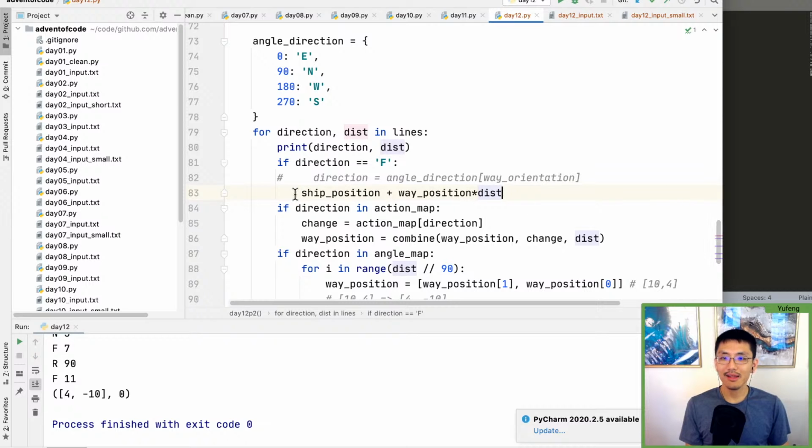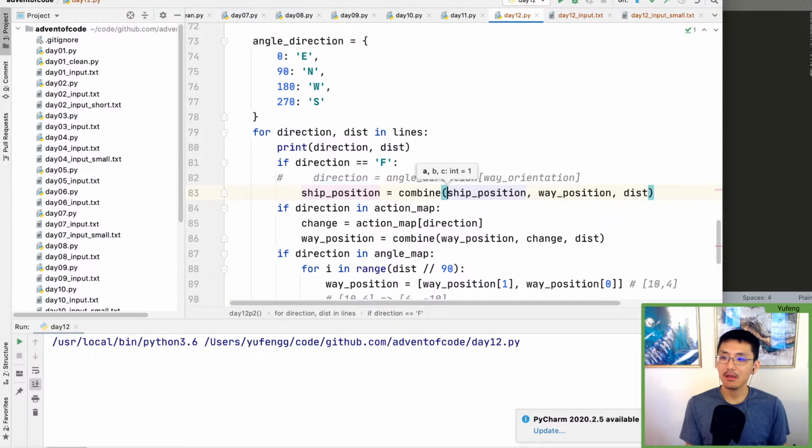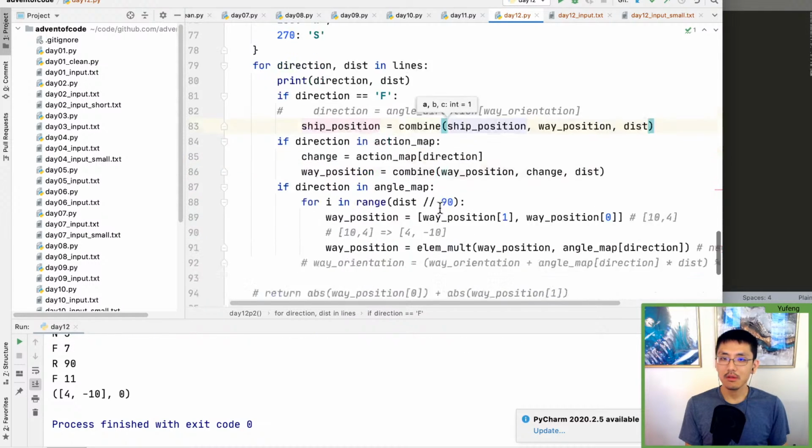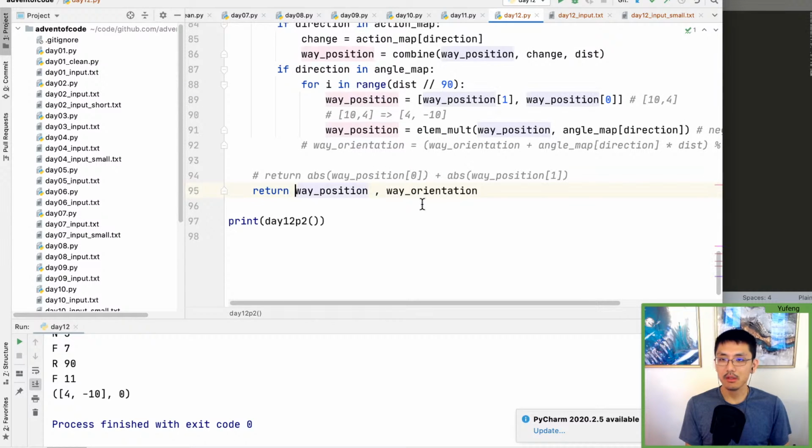So that sounds a lot like, to me, a little combine function. I really am not loving the autocomplete overwrites here. Okay, so it's ship position plus way position multiplied by distance, and that's the new ship position. And again, the overwrites are killing me. So let's return ship position.